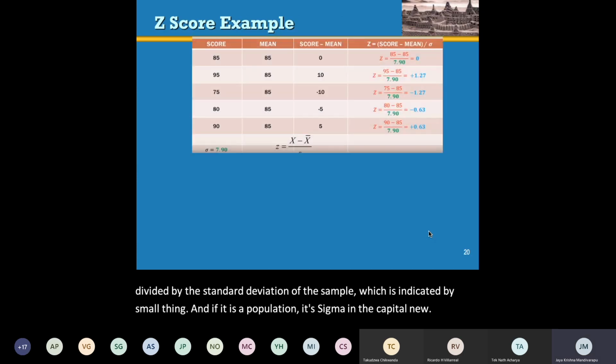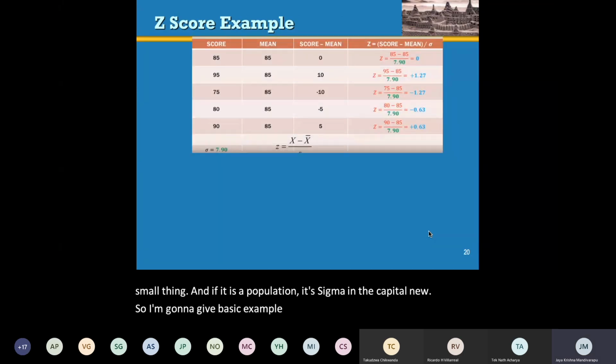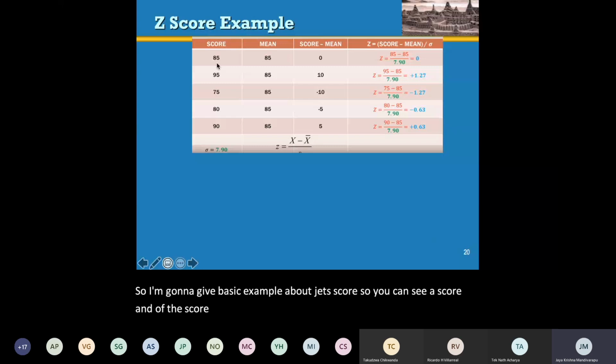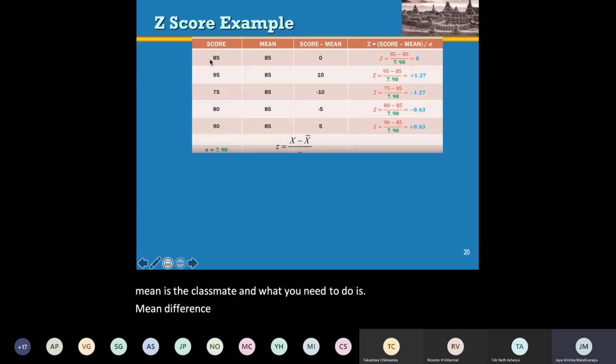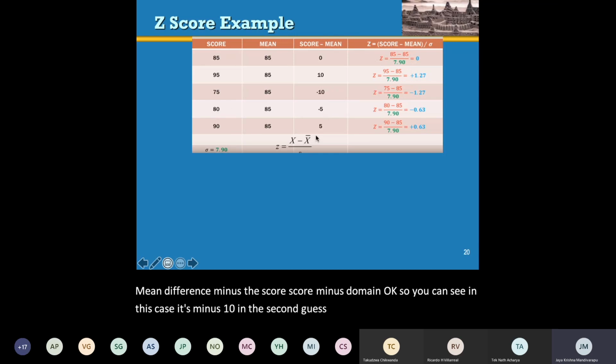I'm going to give a basic example of a Z score. The score indicates the exam marks of each student, and the mean is the class mean. What you need to do is take the score minus the mean. In this case it's minus 10, in the second case minus 5, and in the final case it's plus 5.